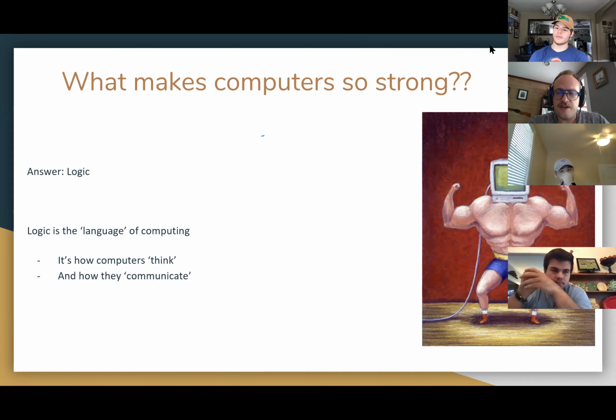One way to think of this connection is that the formal languages we've learned are the language of computing.